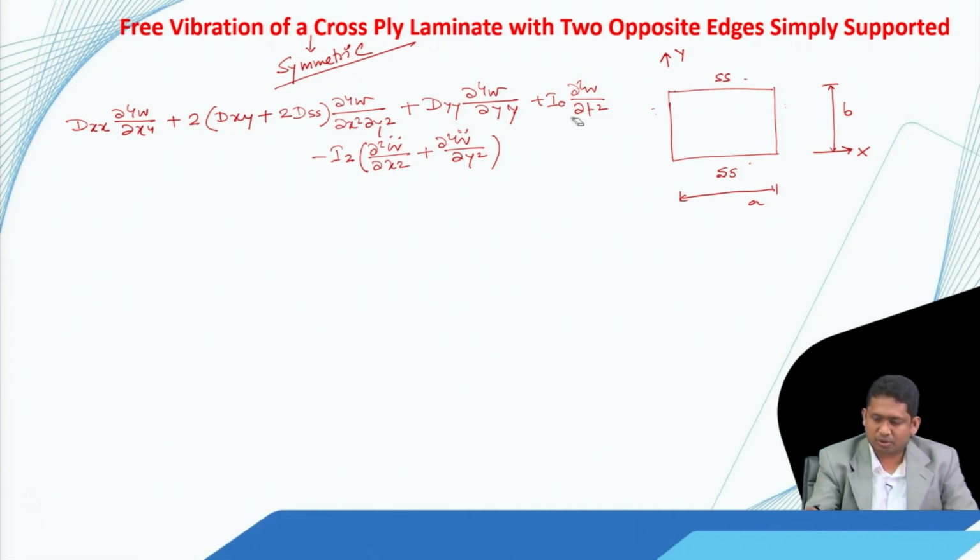Since we are using dots to show the time derivative, we can just write this as w double dot also, and that's equal to 0.